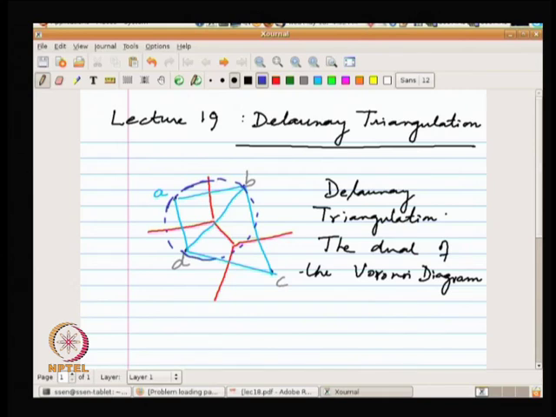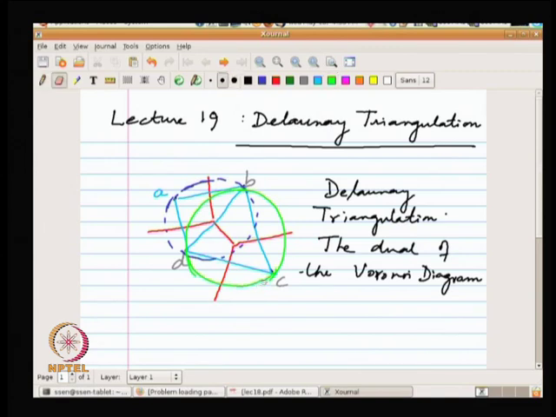And similarly, you can draw the circumcircle of the triangle DBC, and it will look something like, well, I am drawing without compasses, so you will have to believe what I am drawing.